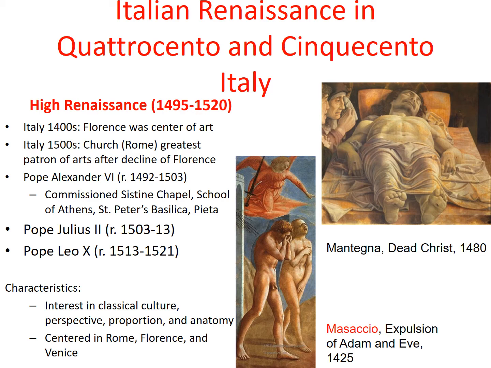As we know, there were two Medici popes. We had Pope Leo X and Pope Clement VII, both Medici family members. So it's still a lot of the same families that are patronizing the arts, just instead of Florence being the center, Rome becomes the center because they are now part of the Roman Catholic authorities.